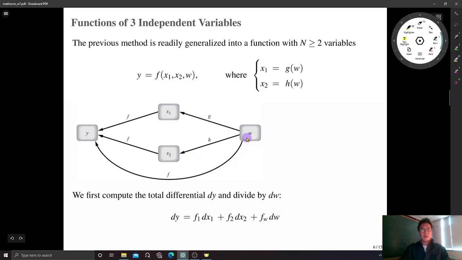And then a change in w also has a direct effect on y through the function f. So we have this kind of tree diagram, all right?